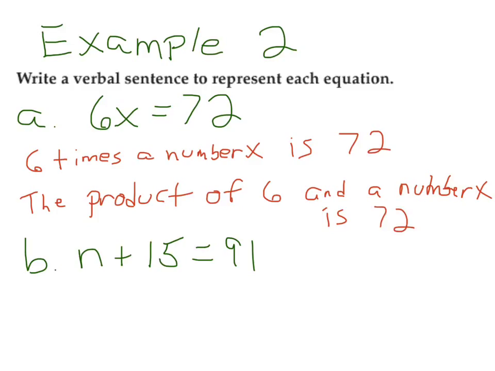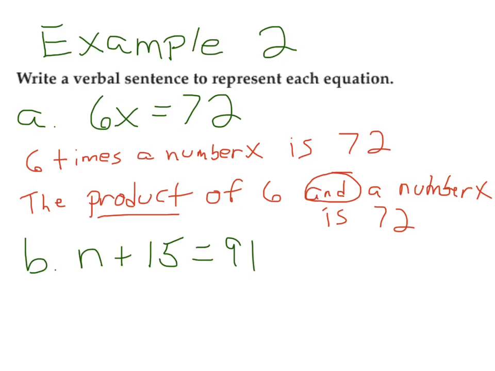So here you can see that I use the word product, and just as we stated with the quotient example from example 1, we have the product of something and something else. Okay, so the 6 and the number x are the things that we are multiplying together there. So we want to be conscious of what vocabulary words we're using. I also think it's helpful to start at the left and move to the right whenever possible.